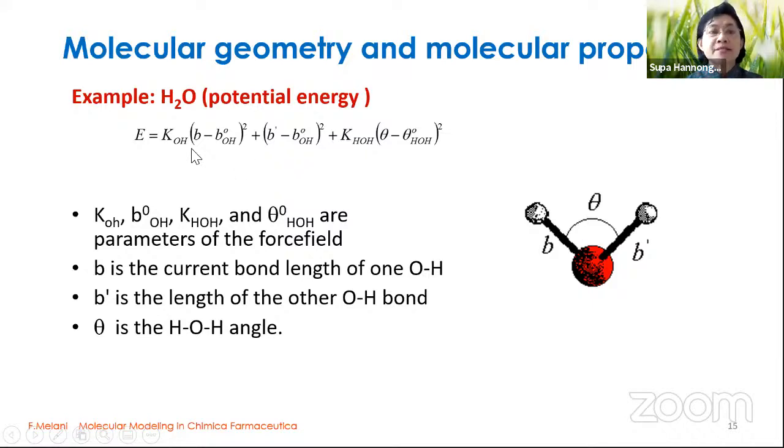So you can express the equation with the first term, bonding and bonding, and the second term is the bond angle potential. Then our duty is that we have to find the force field parameters, the KOH, the B naught of OH, the KHOH, and the zeta naught of the HOH. Okay, these are the parameters of the force fields.